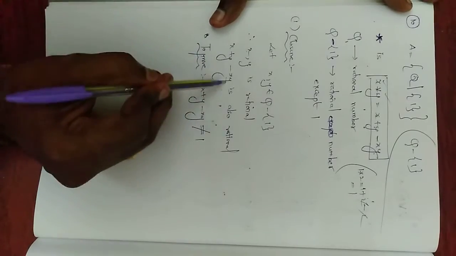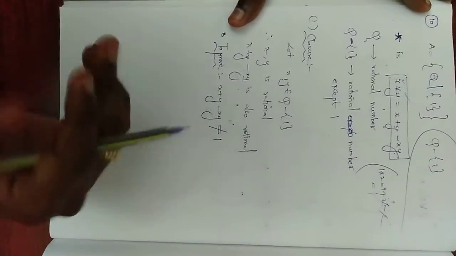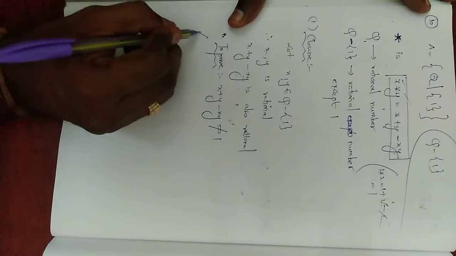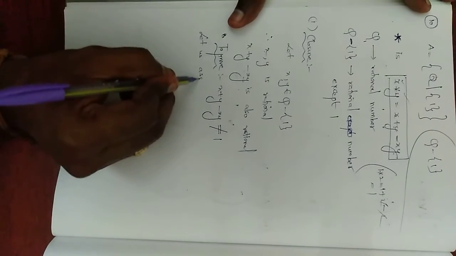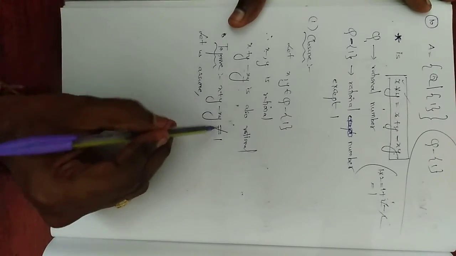This answer should not be equal to 1, because it can be any rational number except 1, but I can't prove it directly, so I am going to assume. Listen very carefully. What we need to prove is x plus y minus xy is not equal to 1.